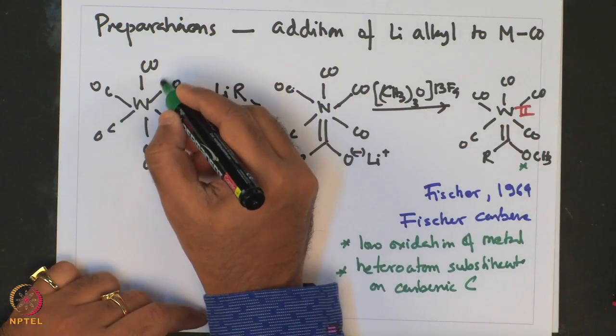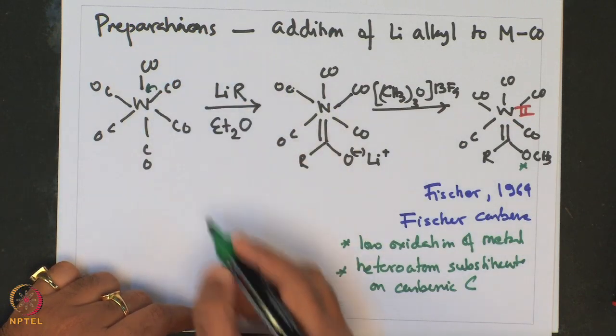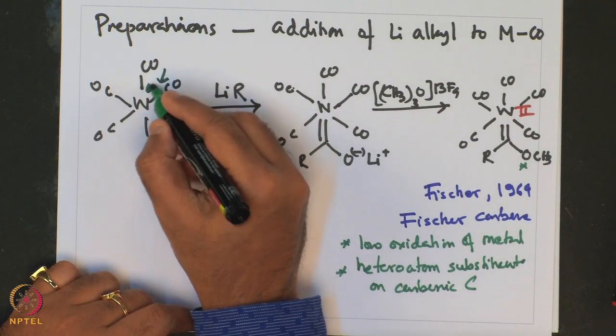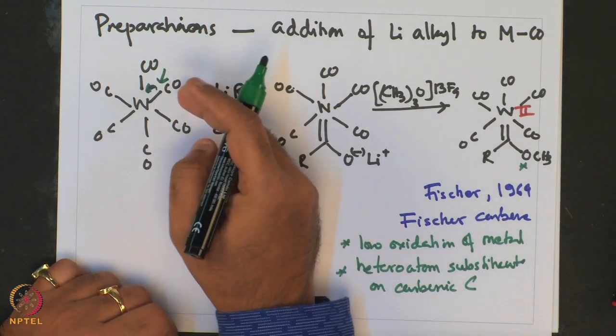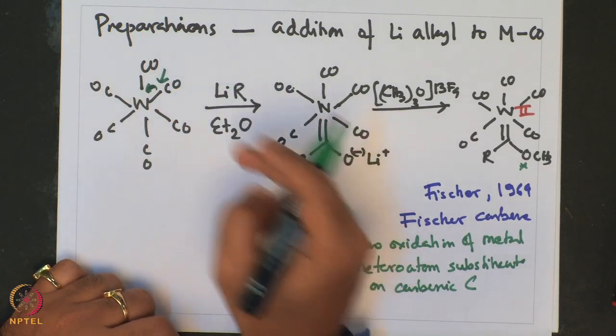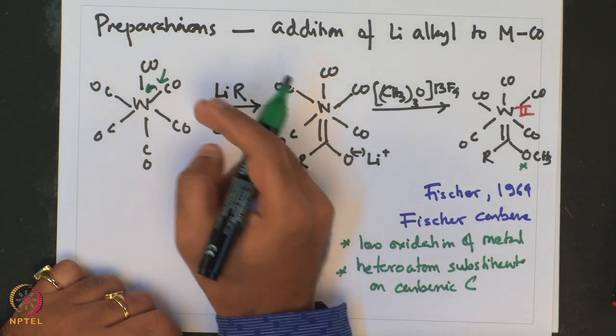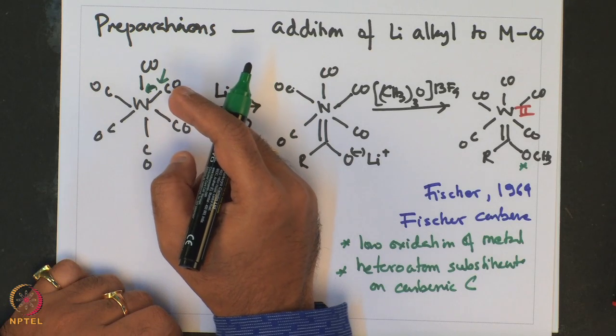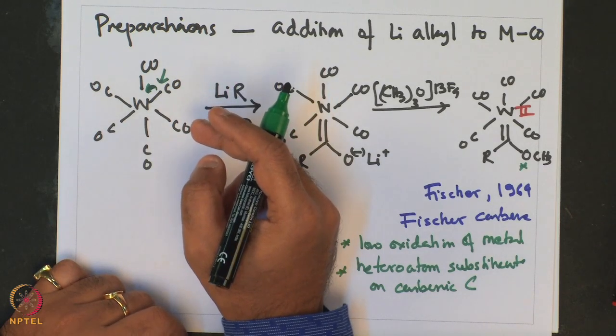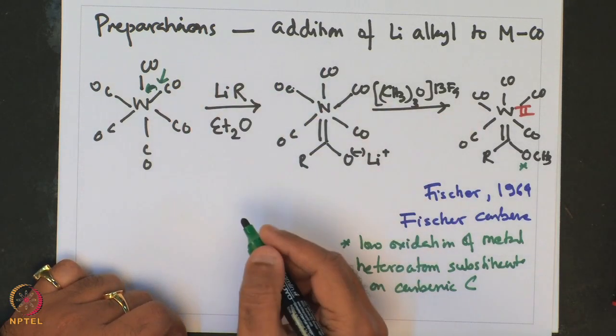Now, this strategy exploits the fact that when the carbonyl is bound to tungsten, a metal, the way it is shown over here, the carbon center becomes slightly activated, becomes positively charged and favors a nucleophilic attack.